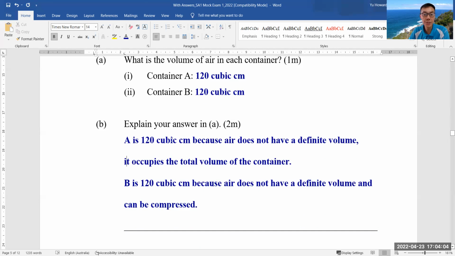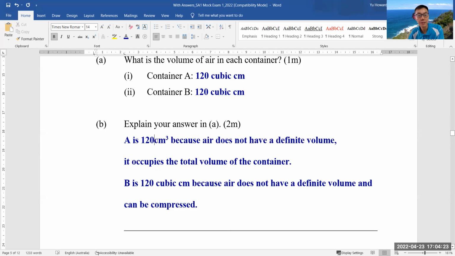The reason I wrote cubic centimeter is because it's difficult to find the superscript for the 3. Actually, I can find it here. You have to do one more step. Okay, 120 cm cube.